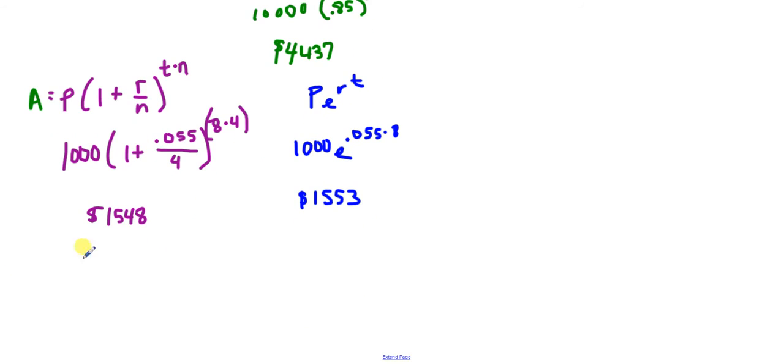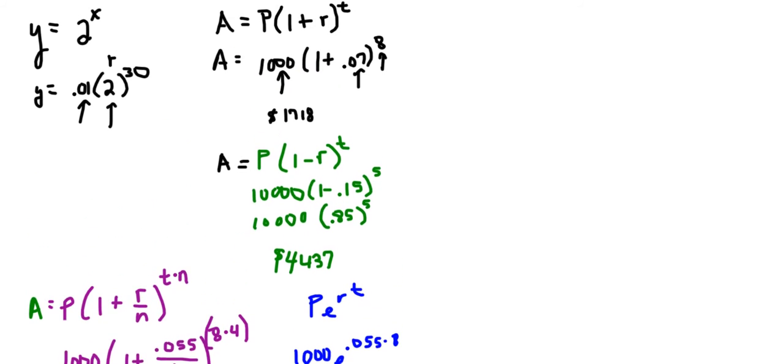So to stick with the same example, if I have $1,000 at 5.5% interest, I'll scroll it up here. I'll just use our first formula, 1 plus 0.055.